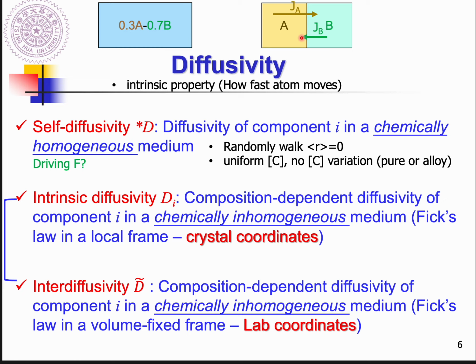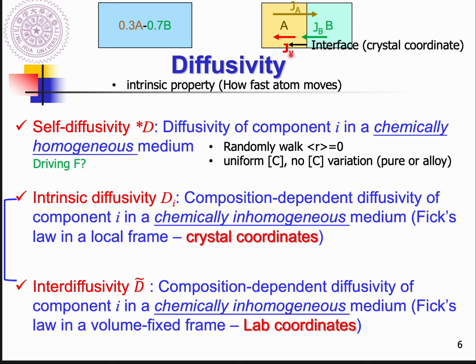In order to reach the net flux equal to 0 at any specific plane, this one is larger than this one, so there is definitely a vacancy flux toward the left-hand side, so that JA equals JV plus JB.